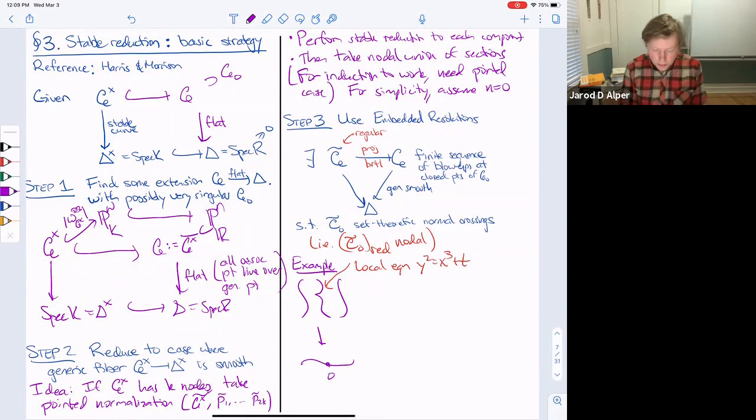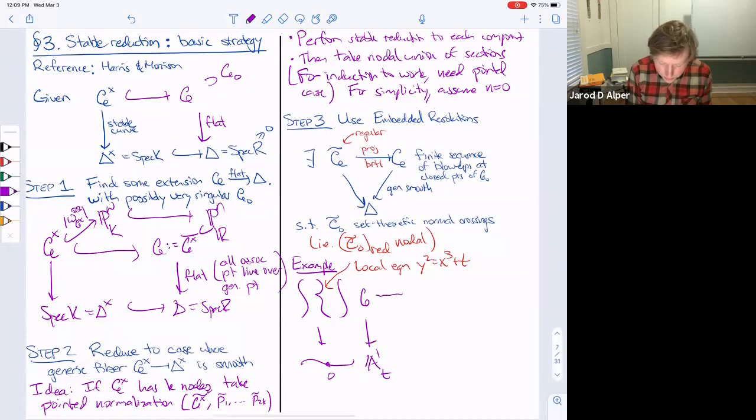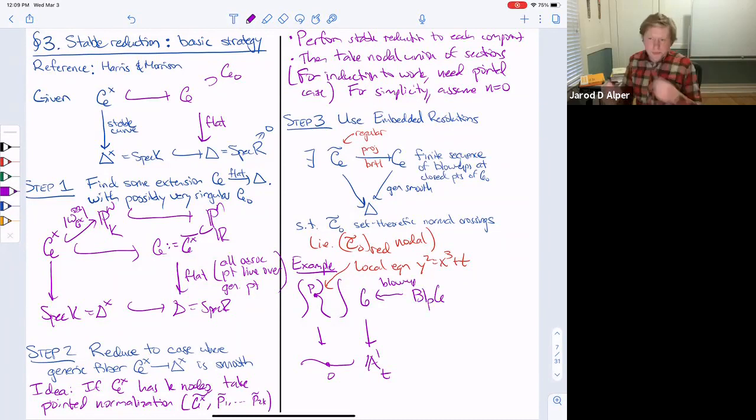Here's my central fiber. And let's think of this as just A1 with coordinate t. And here's my C. And let's blow up. Let's let this point be P. Let's blow up P. And see what we get.